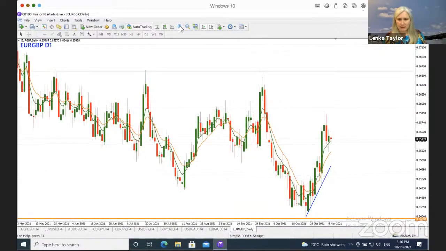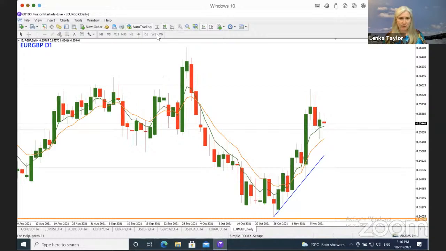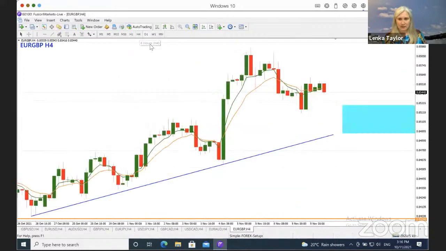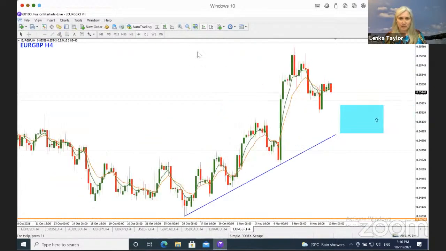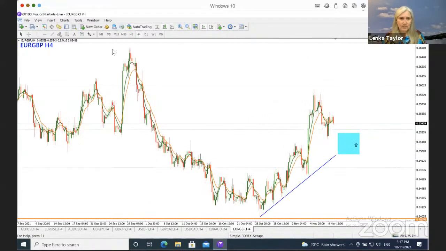And the daily has reversed in the upward direction already. And so on the 4 hourly, I'm looking for a reversal. And I didn't really get anything that I thought was tradable. So I haven't got in yet. So I'm looking for the pullback. At the moment, it could be a reversal around this sort of area here.